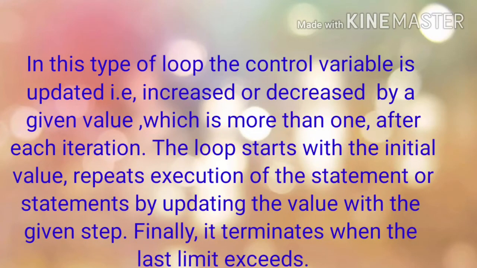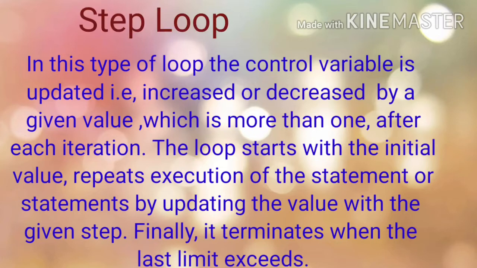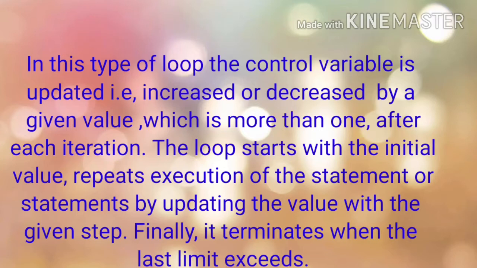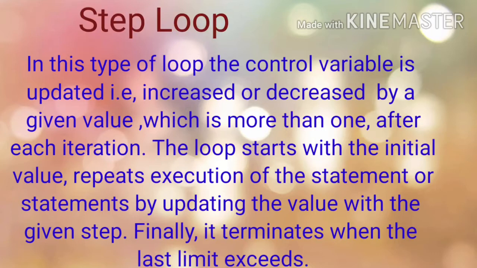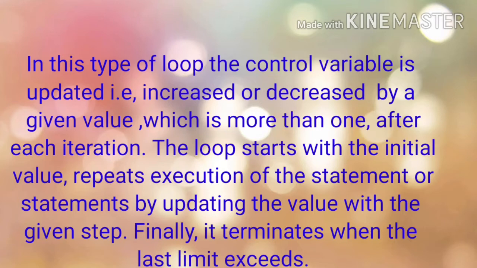Step loop. In this type of loop, the control variable is updated, that is increased or decreased by a given value. And this value can be more than 1 after each iteration. So the loop goes on, it increases or decreases, but not by 1, it can be more than 1.